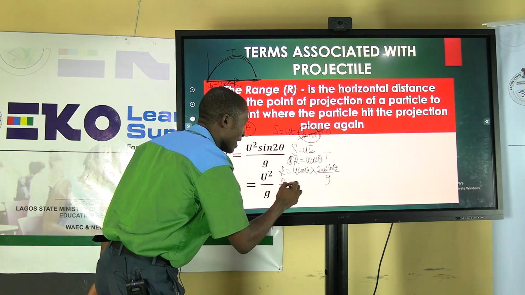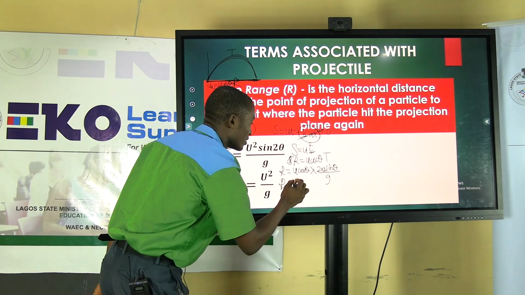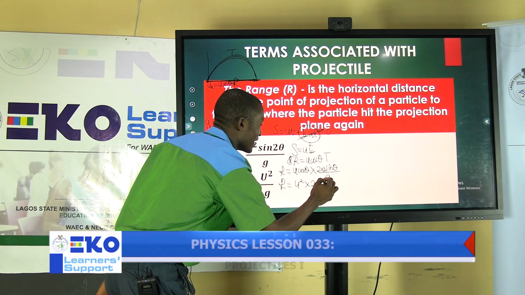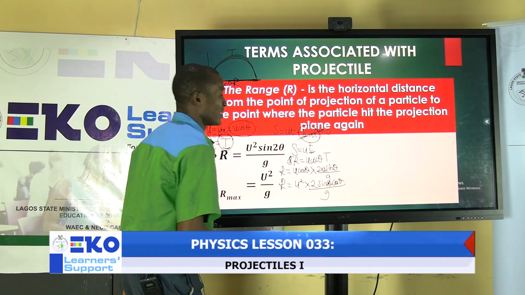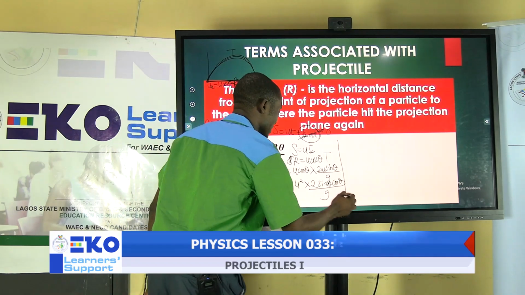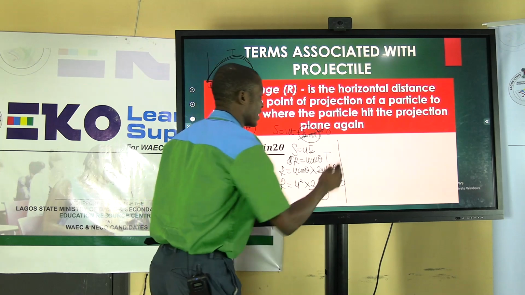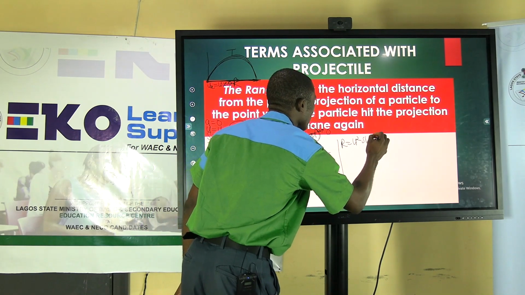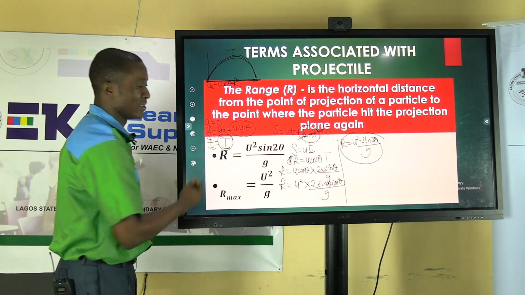From here, you're going to have u squared times 2 sine theta cos theta over g. From mathematics, 2 sine theta cos theta will give us sine 2 theta. So R will be equal to u squared sine 2 theta over g. So that's how we arrive at this.